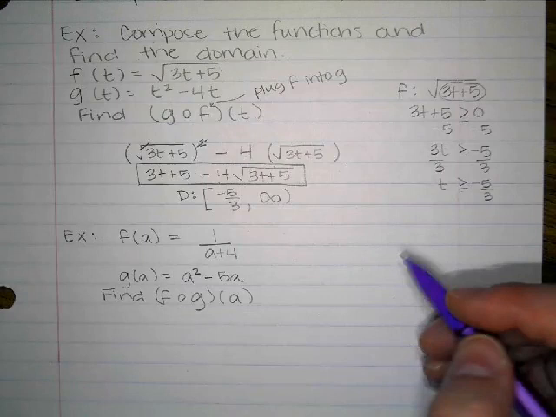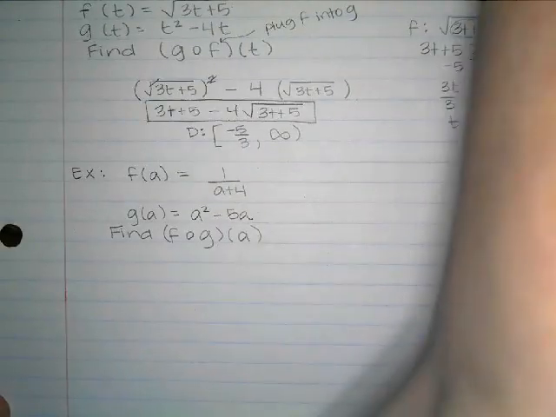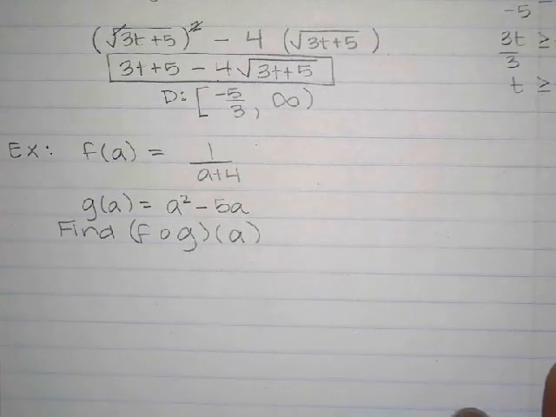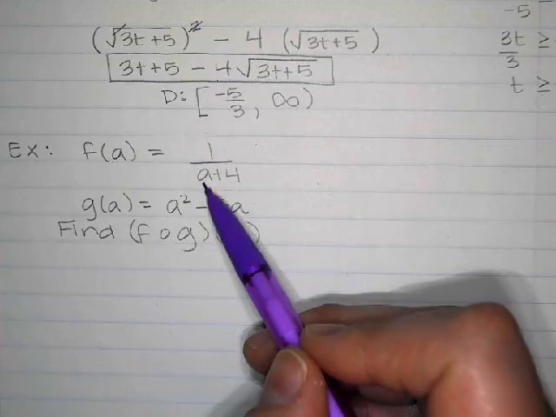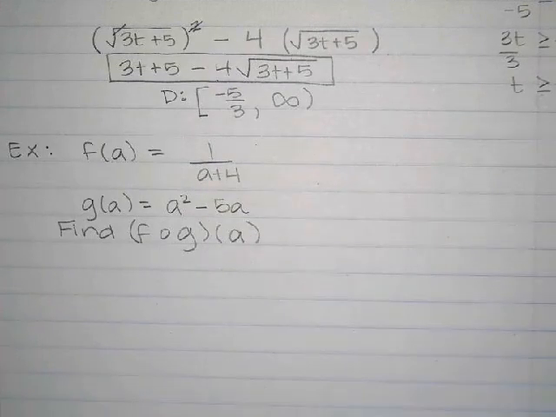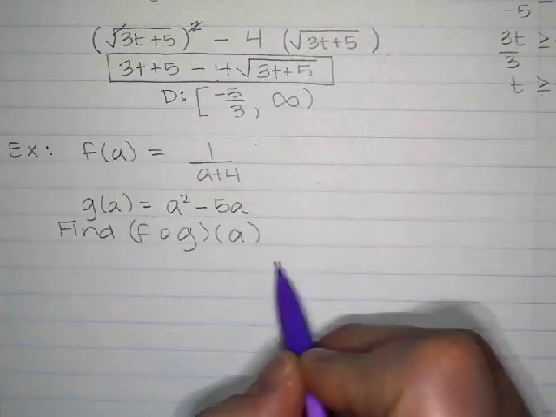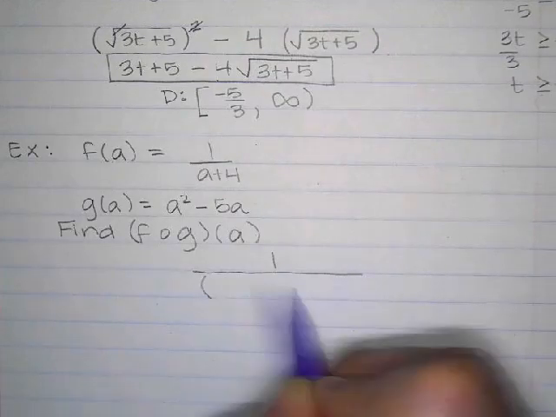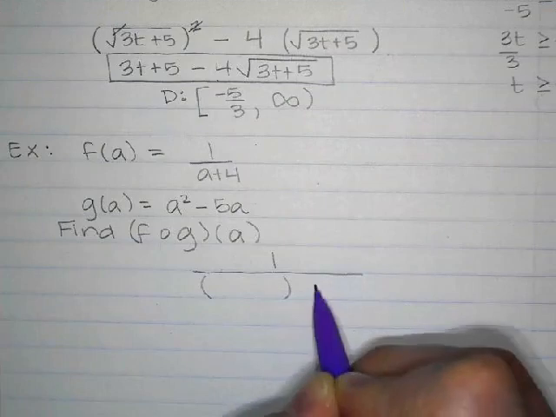Okay, so how are we working with this one? We're plugging g into the a for f. Okay, so I'm going to start off with f. I'm going to say 1 over, plugging in something for a, plus 4.